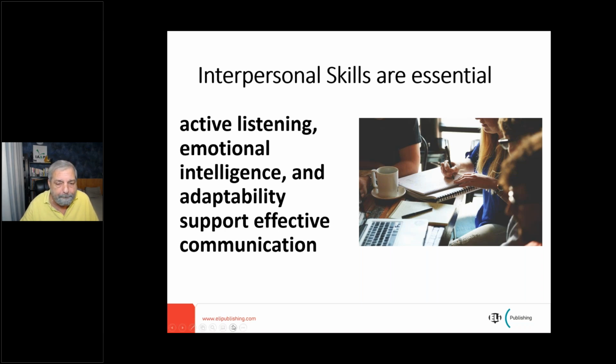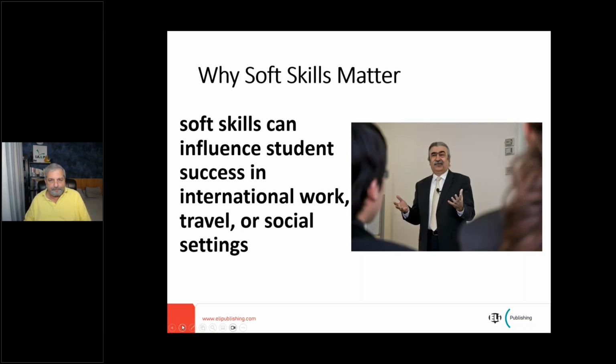Now, let's move on. Why are the soft skills so important? Because most people, depending on the job, they're going to go into some type of international work. Maybe it'll be travel, or it could just be social. Oftentimes, you find yourself dealing with not only the professional language, but also the socializing, finding out how to get around through travel, as I've been doing a lot lately.